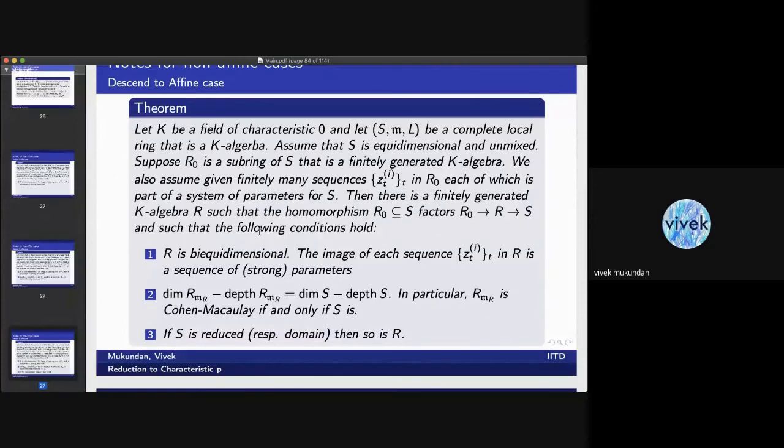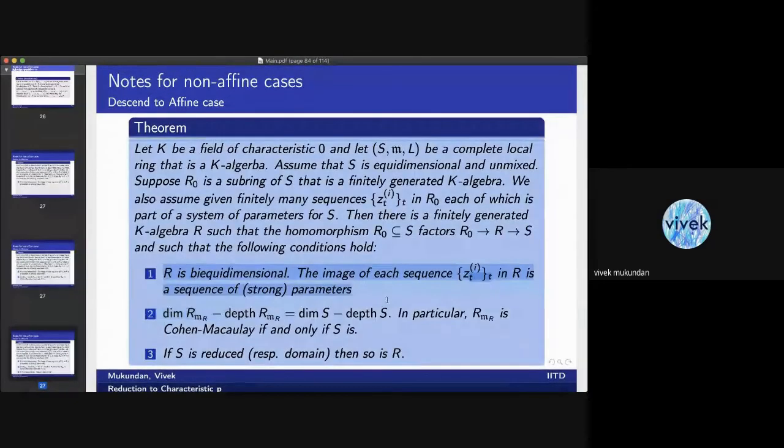I wanted to give the proof of 1 and 2, basically to give an idea of how to get the ring R. I mean, it's really interesting and an extremely hard thing to even think about. You're given a complete local ring which has a certain property.